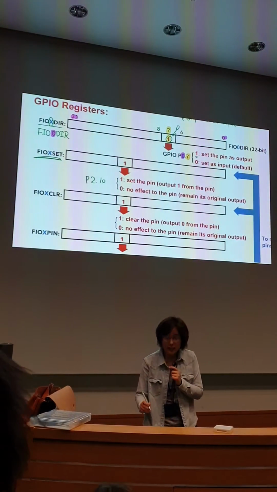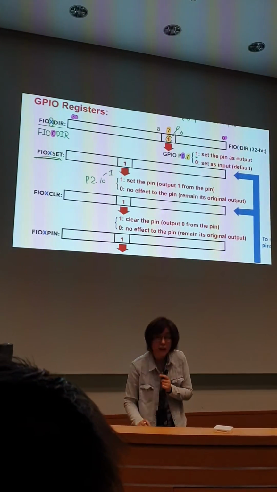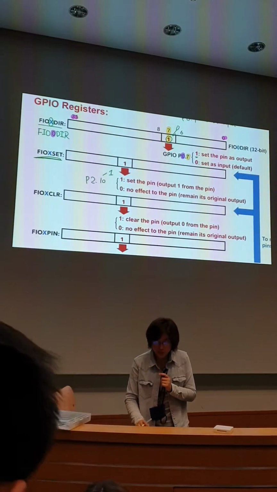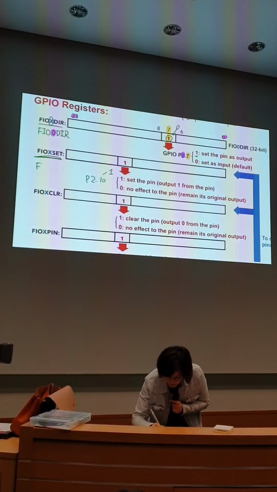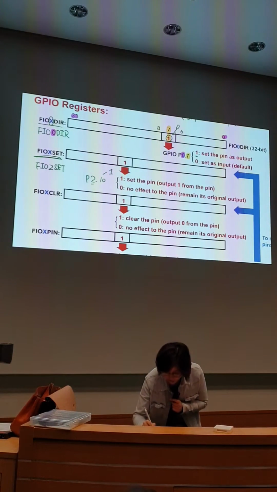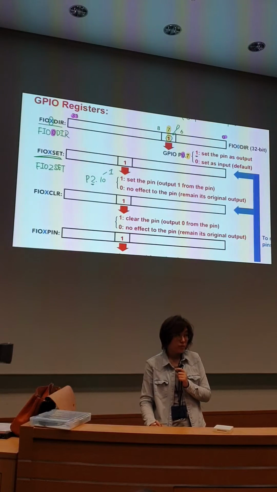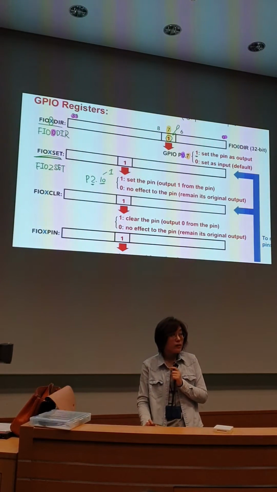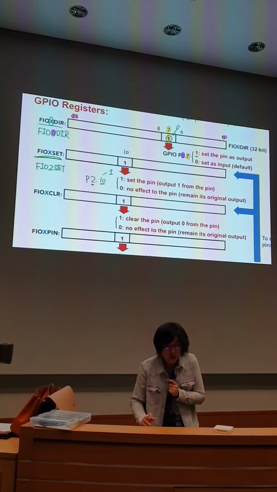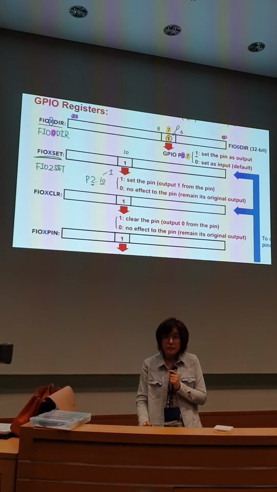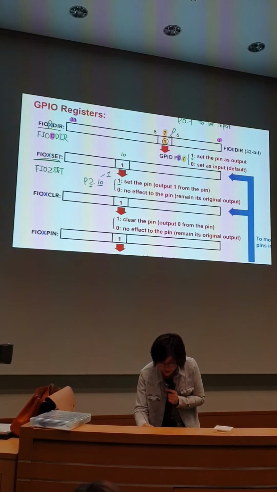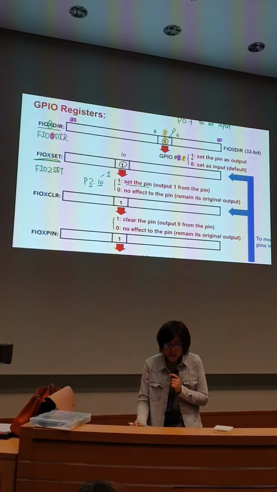We want to set this pin to be 1. How we do it is we go to FIO2 set, because at this moment we are talking about port 2. And since we are talking about pin 10, you need to go to bit 10. And if you write 1 here, you are setting this pin.